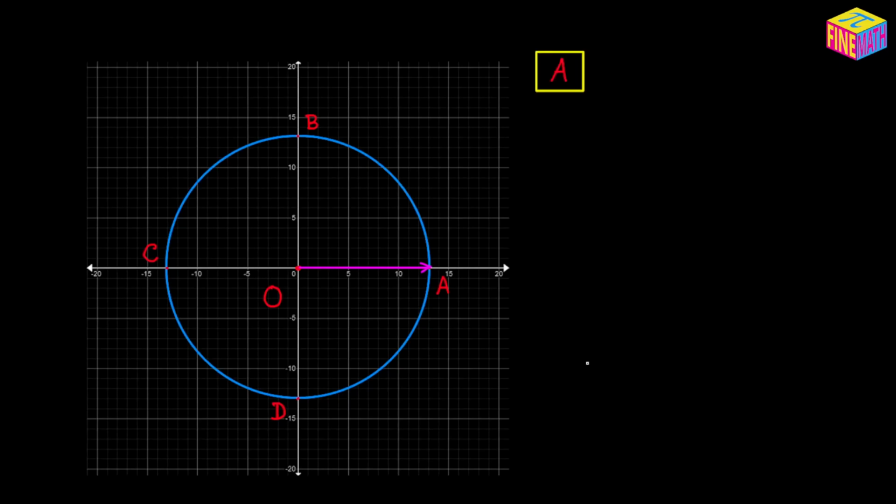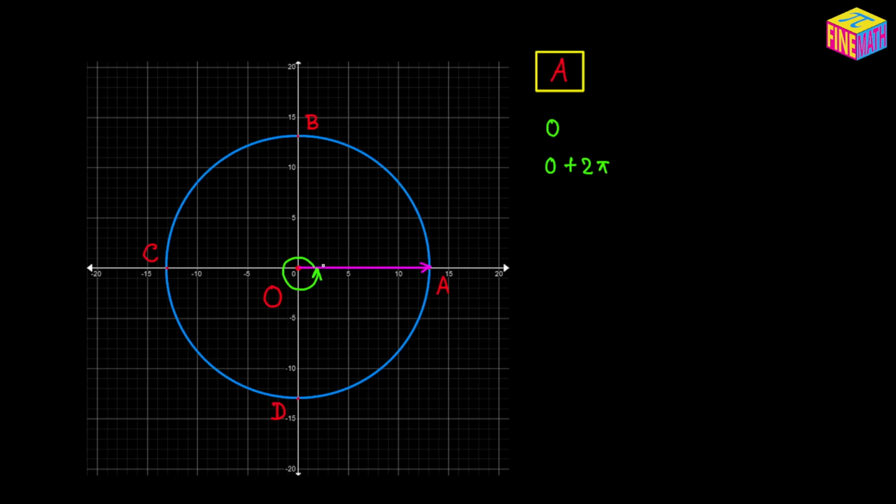Now for this position, as you can see, if we rotate this ray one full circle in the counterclockwise direction, how much angle is it forming with the initial ray, which is the positive side of the x-axis? Well, obviously this will be 0 plus 2 pi. Initially we started with 0, and now it is making a 0 plus 2 pi angle. Going forward, we will be talking about angles in radians, not in degrees.